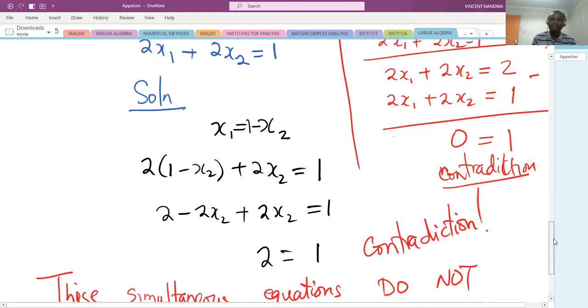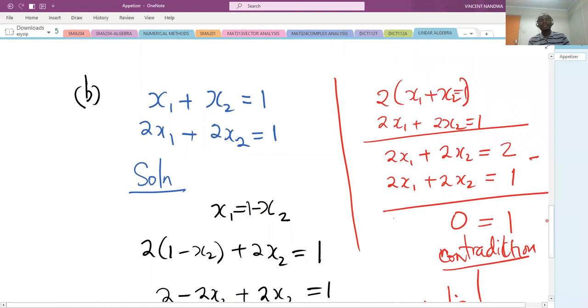You could actually have concluded that by seeing the structure: x1 plus x2 equals 1 and 2x1 plus 2x2 equals 1. It's not possible. The sum equals 1, and when you multiply by 2 it should still get 1. That's not possible. So this set has no solution.